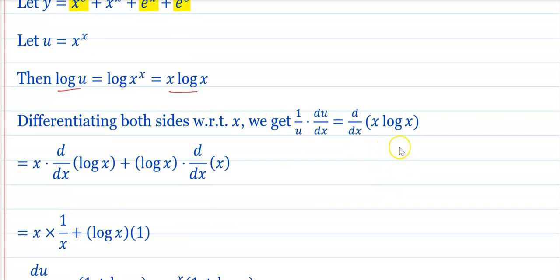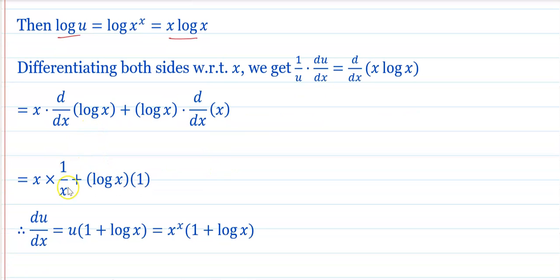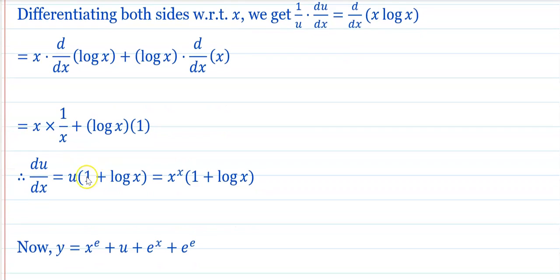Here apply the product rule. First is x d/dx of log x plus log of x into d/dx of x. What is the derivative of log of x? It is 1 upon x. x into 1 upon x, plus log of x, derivative of x is 1. Now here the x's get cancelled and therefore you will get 1 plus log of x.